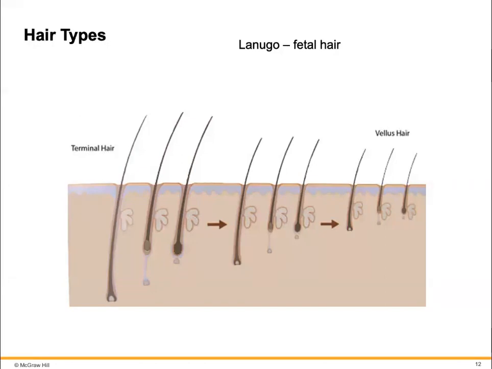Some infants are born with it, but most lanugo is present during fetal development and it is gone during the last trimester. The other types of hair include vellus and terminal hair. Vellus hair is really fine hair that replaces the lanugo by the time of birth.